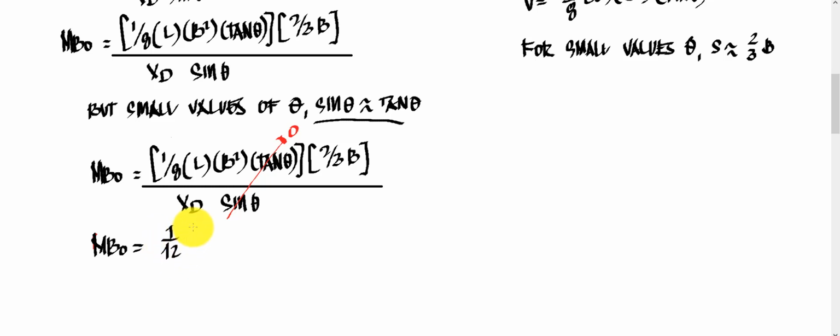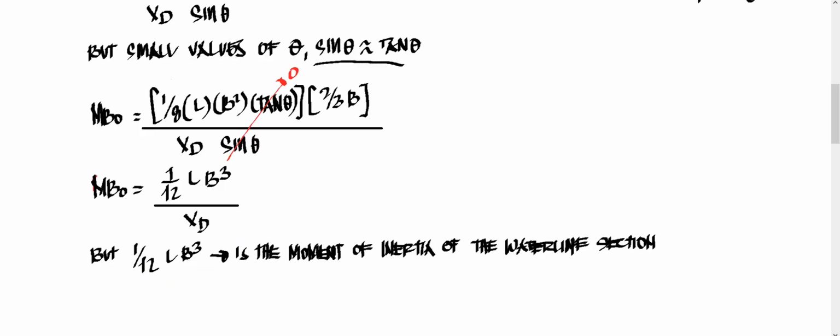So we have the L here, L dq, then it is divided by the volume displaced. The value of 1/12 L times B cubed is the moment of inertia of the waterline section.